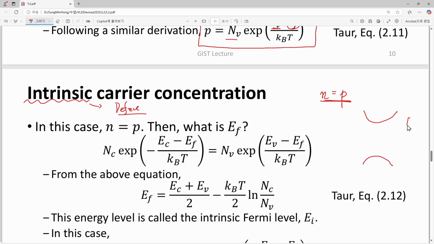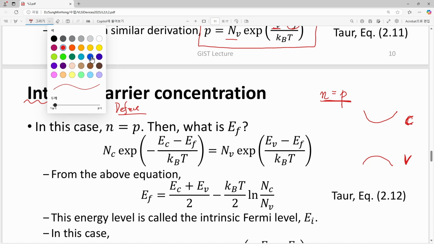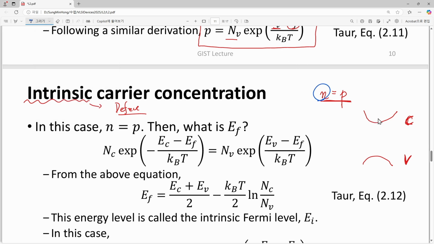Why do we have this? Because previously here we have a conduction band and a valence band, and in this case, if we don't have any impurity there, then the only way we have electrons in this conduction band is by moving one electron from the valence band. So the generation of one electron is always related with the generation of a hole.